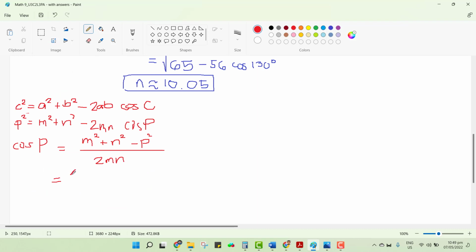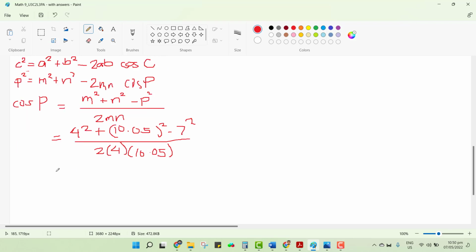So 4 squared plus n, which is 10.05, squared less 7 squared, over 2 times m, which is 4, times 10.05 for the value of n. And then of course we could always change this already to the measurement of angle P, and we apply here cosine inverse, just like that.